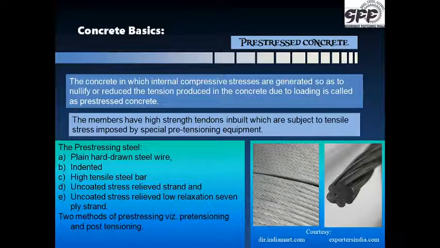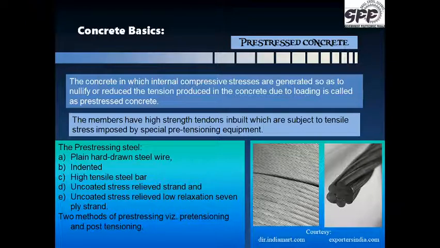5.6.1.1 states that the pre-stressing steel shall be any one of the following: plain hard drawn steel wires conforming to IS 1785 part 1, or indented wire conforming to IS 6003, or high tensile steel bars conforming to IS 2090, or uncoated stress relieved strand conforming to IS 6006, or it can be uncoated stress relieved low relaxation 7 ply strand conforming to IS 14268.